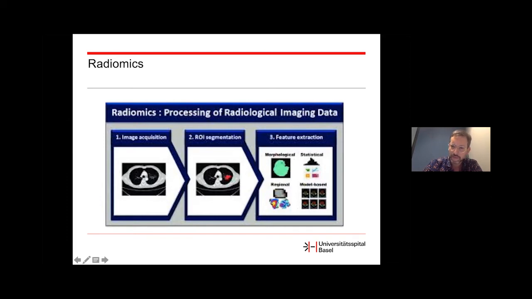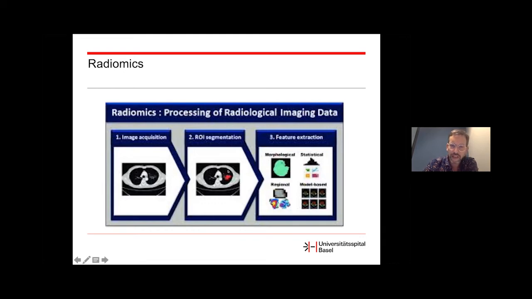The quantitative biomarkers that we extract from this tumor will look very different depending on the quality of that image. So if you don't control it, your conclusions will be very different on which biomarker will be predictive and what it means.